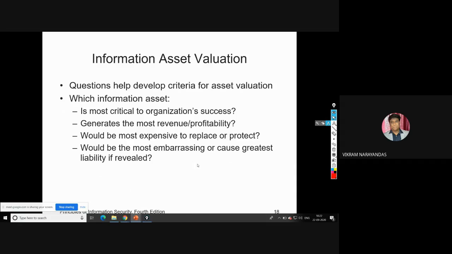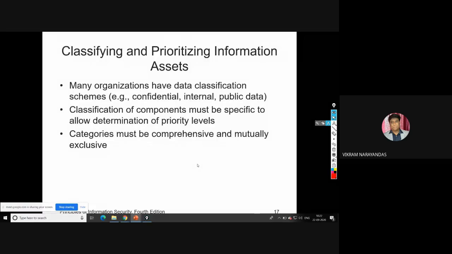Now we'll discuss information asset classification. Many organizations have data classification schemes. For example, you can take confidentiality.